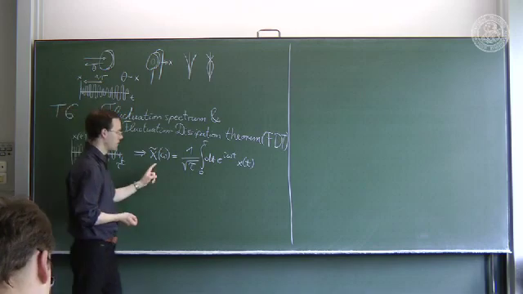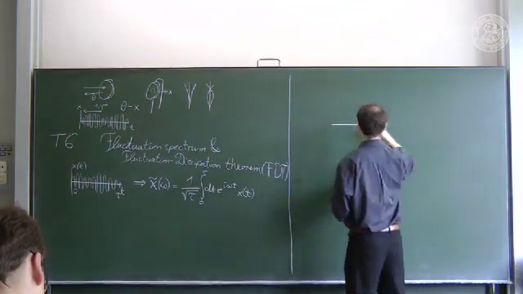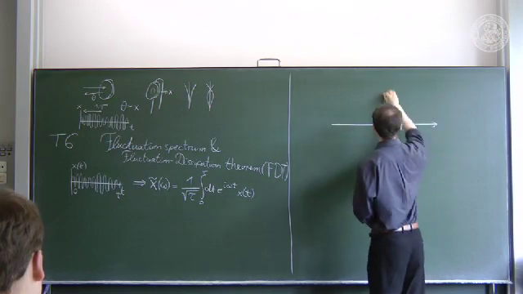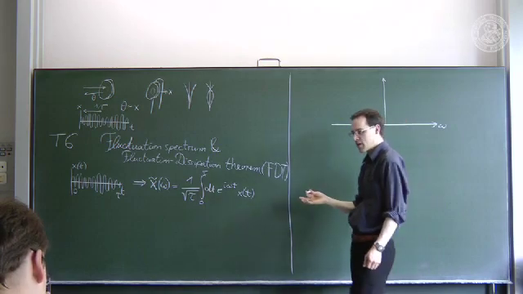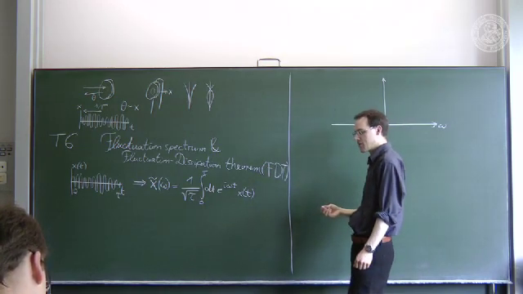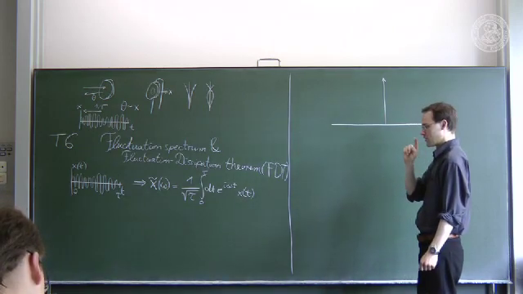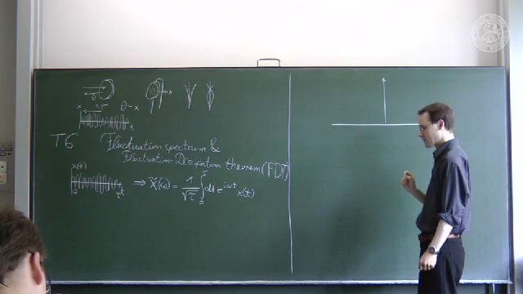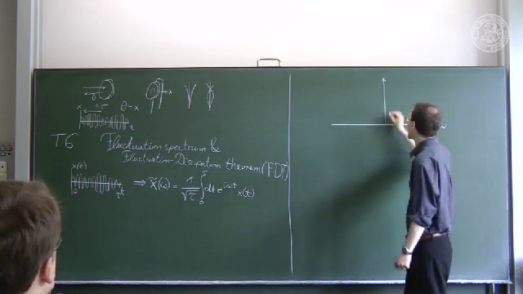So let's try to plot the result that you would observe in a single run of the experiment. X tilde of omega, just like any usual Fourier transform, will be complex valued. I want to plot some real quantity, and the quantity to plot and also the quantity to average later will be rather the magnitude squared of x tilde.